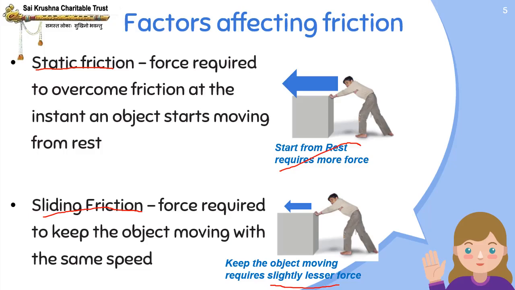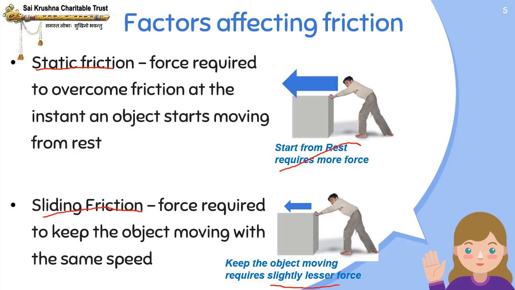Now why does this happen? Why is the sliding friction less than the static friction? This would happen because when the box is sliding, the contact points on its surface, like we had seen in the previous example, where the book and the table had those irregularities which were coming in contact with each other and getting interlocked.